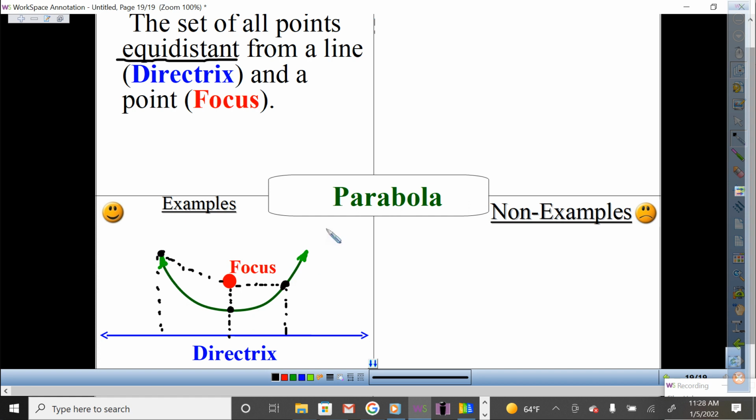Okay. So, if that's a parabola, tell your neighbor a non-example. What would you write or what would you sketch? Non-example. Andy, go. Help him out, Sky.